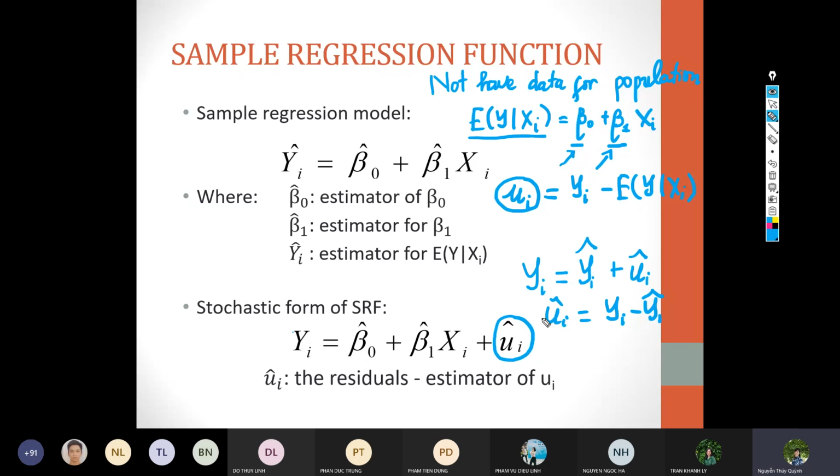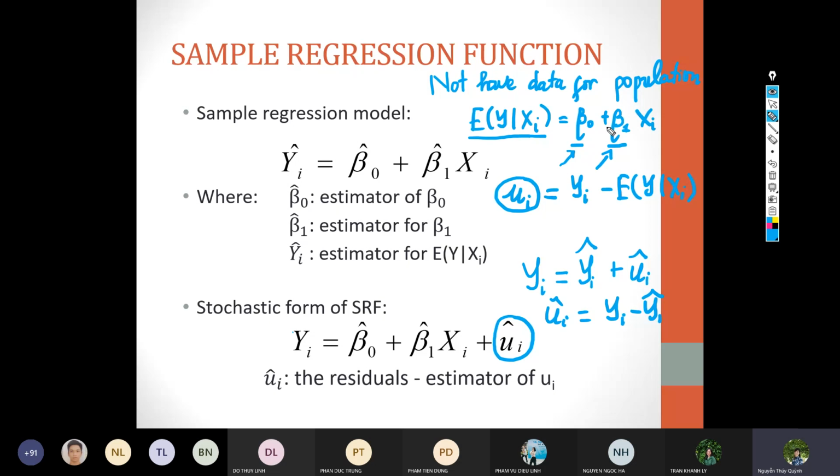Okay, and beta 0 hat and beta 1 hat are also different from beta 0 and beta 1. They are sample statistics. Beta 0 hat and beta 1 hat are sample statistics, but beta 0 and beta 1 here are unknown population parameters.